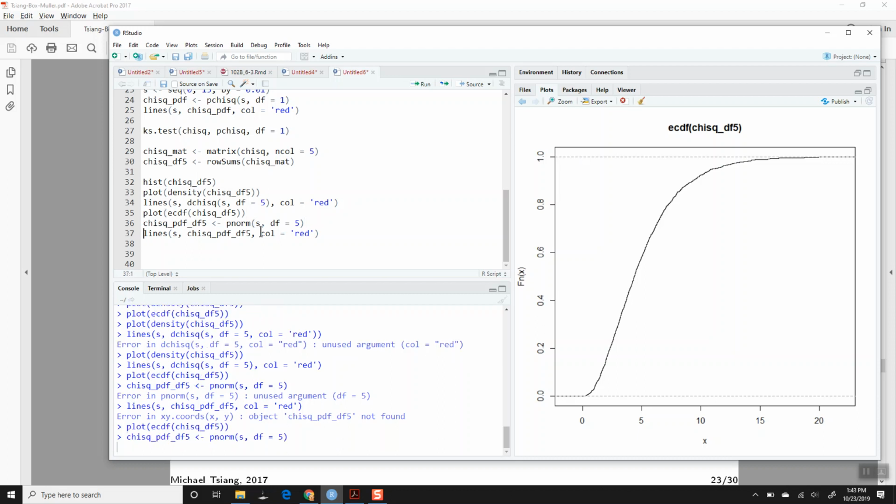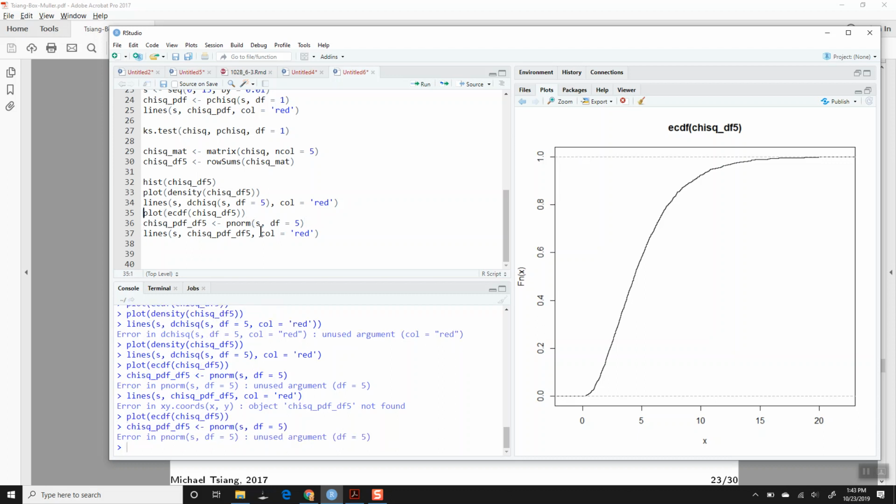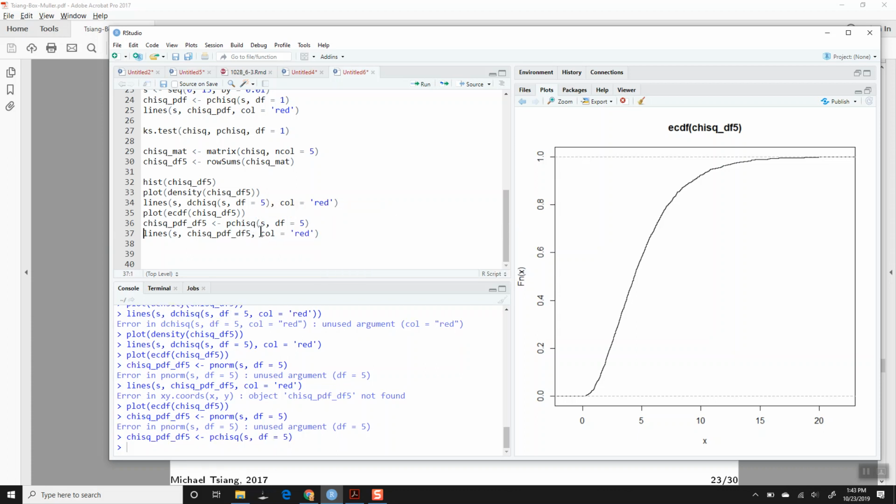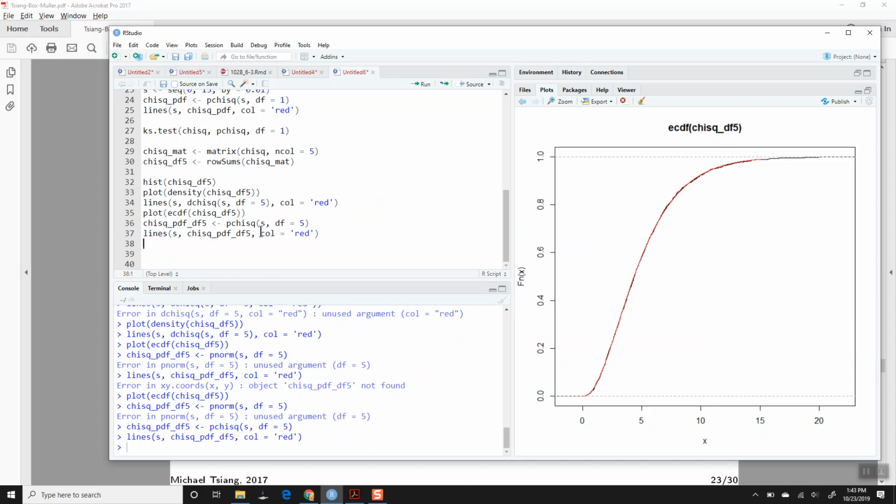Something wrong. Okay. Oh, I'm sorry, p chi-squared. It's bad habits. All right, p chi-squared, s, degrees of freedom 5, okay? And so we do that, and again, they line up almost perfectly.